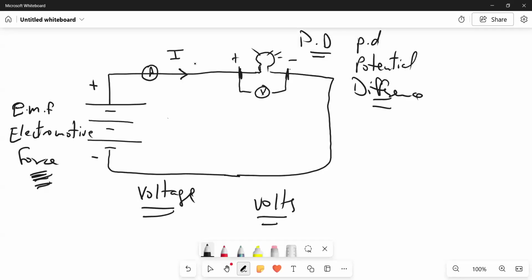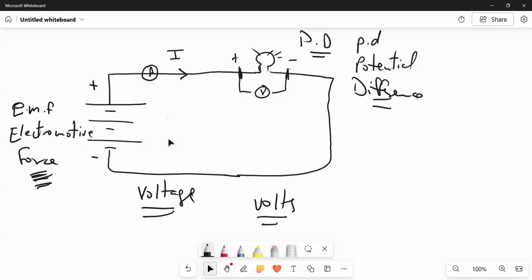So we're getting introduced to different quantities in electricity. We talked about current, electromotive force, and potential difference, and their units.